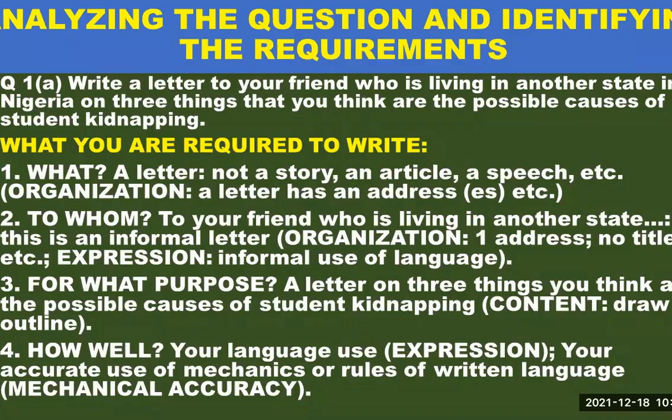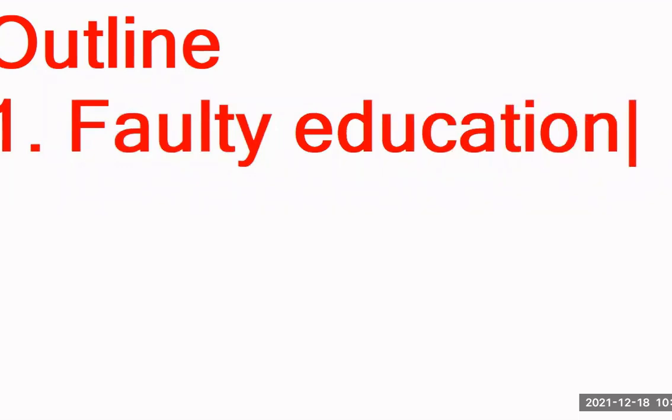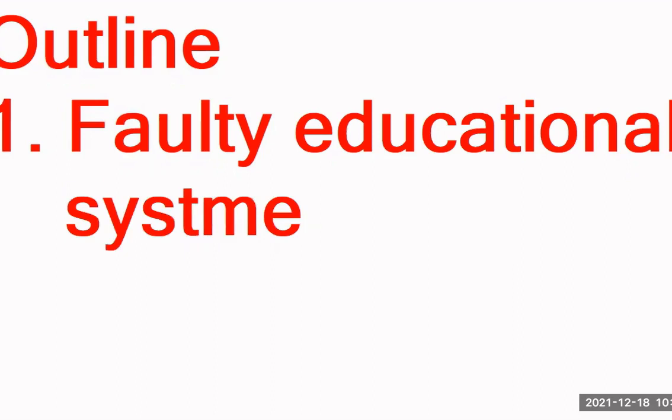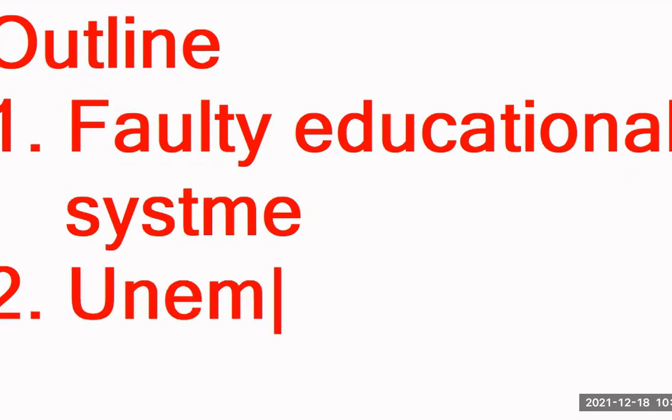Well, let's try to get this right. Number one, faulty educational system. Two, unemployment.